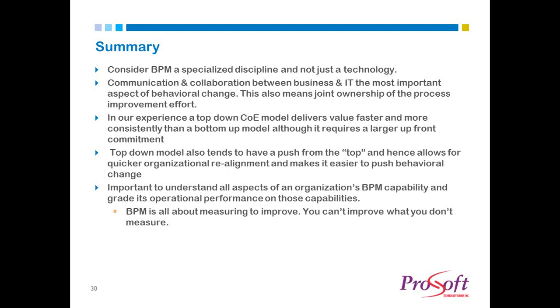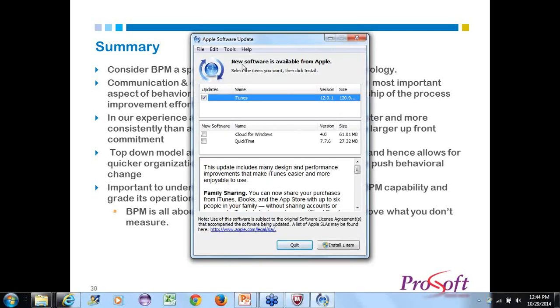And again, a top-down CoE tends to have a greater focus on first understanding the process landscape and establishing best practices around being able to identify opportunities on a continuous basis and link them to your executive goals, and have a methodology around doing that again and again, and of course in a way that those goals filter down through the organization.